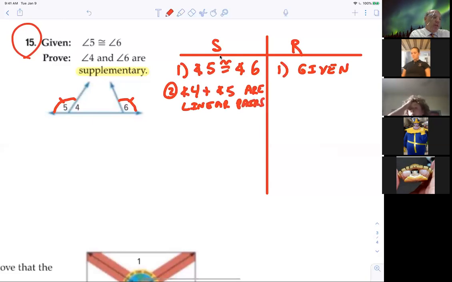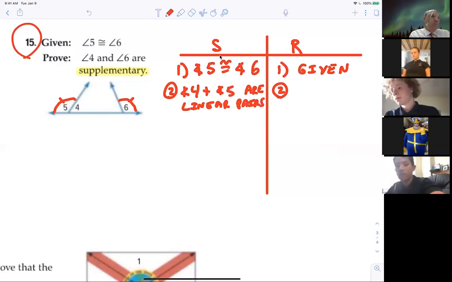Now, I believe they're linear pairs because that's what's given, right? That's what we're talking about right now, okay? Angle 4 and 5 are linear pairs.